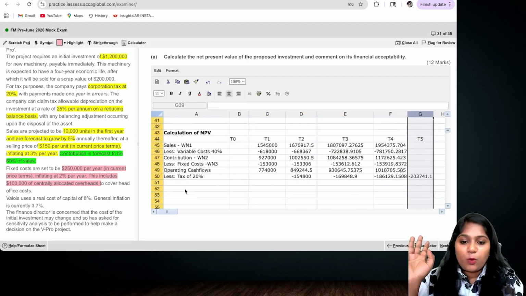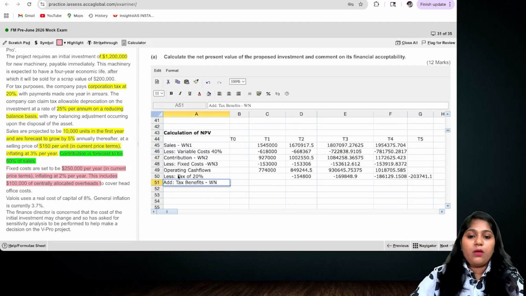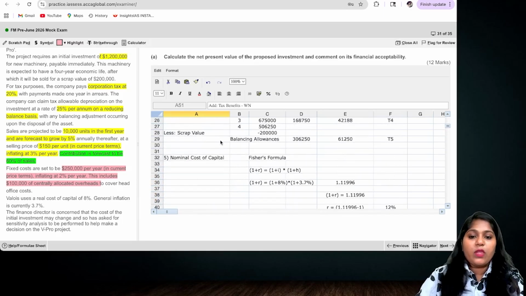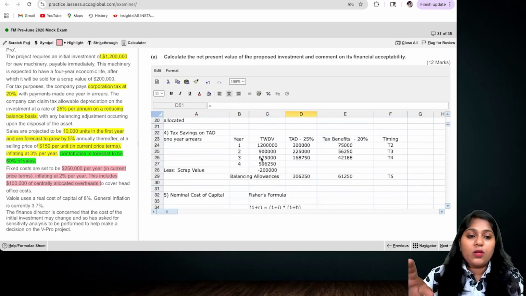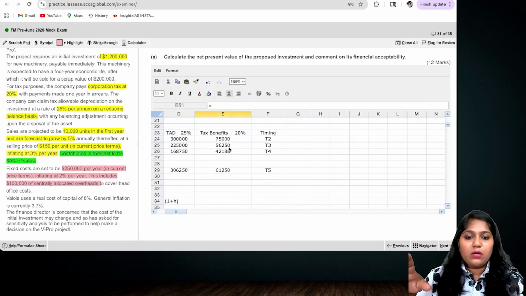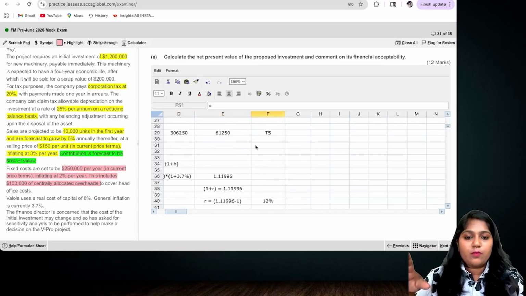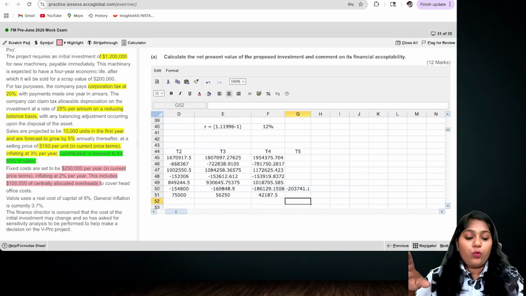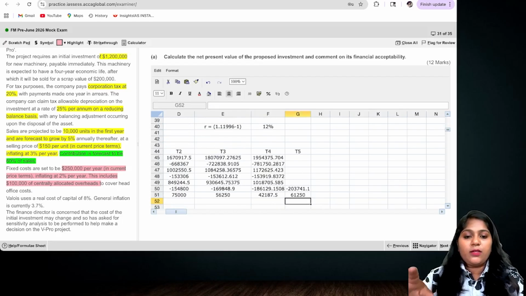Likewise, we should also add tax benefits coming from working note number 5. Is that 5 or 4? 4. So that is something that we have calculated separately. Again, look at the timing. T2 75,000 and T3 56,250 and T4 42,188 and T5 finally how much? 61,250.